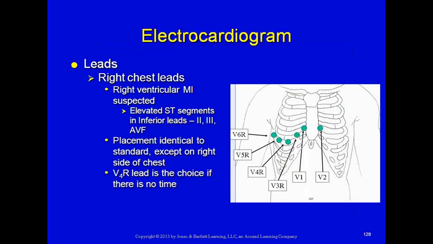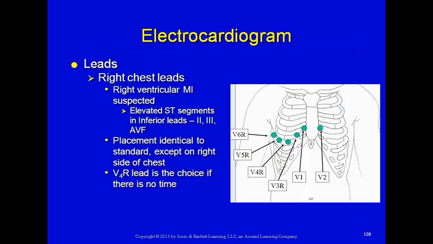So when I see a normal 12-lead ECG with elevated ST segments in leads 2, 3, and AVF, I'm going to pick all those electrodes up on the left side, with the exception of V2, and move them over to the exact same spot, but on the right side.